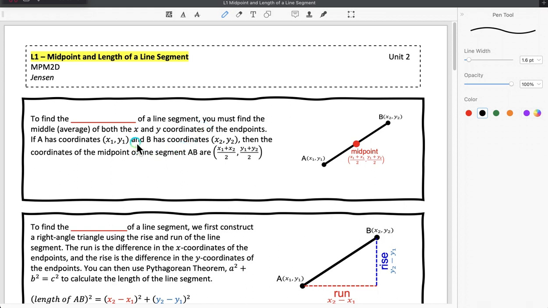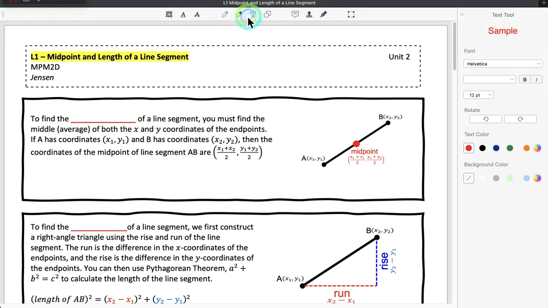To find the midpoint of a line segment, you must find the middle, which is the average, of both the x and y coordinates of the endpoints.